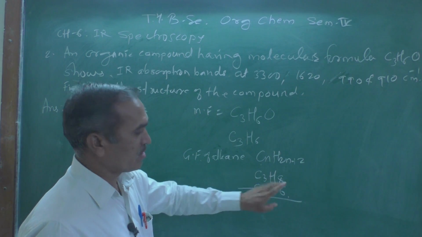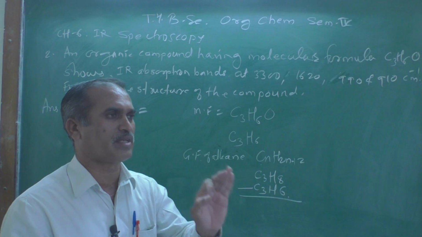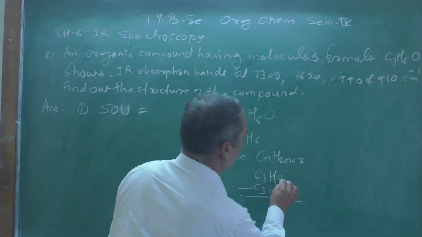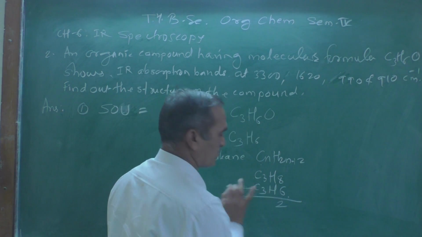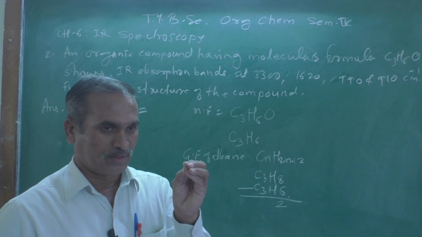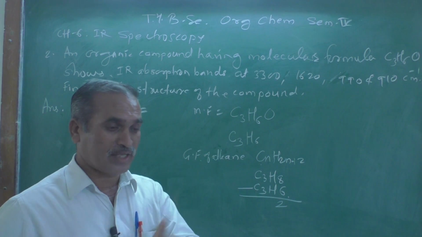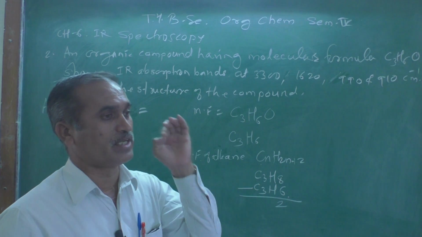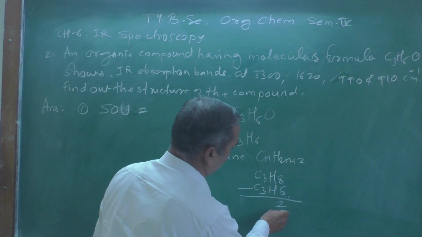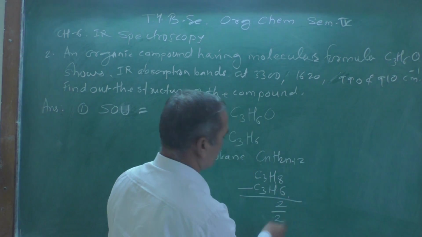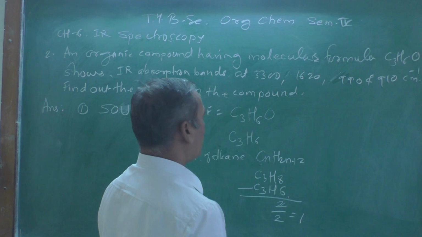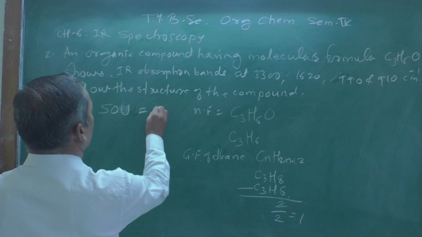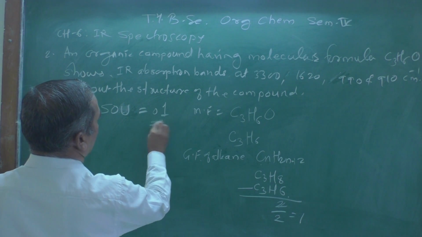But 8 minus 6, remember, is 2, and that 2 is always divided by 2. So the 2 cancels and you get 1. It means there is one site of unsaturation present.